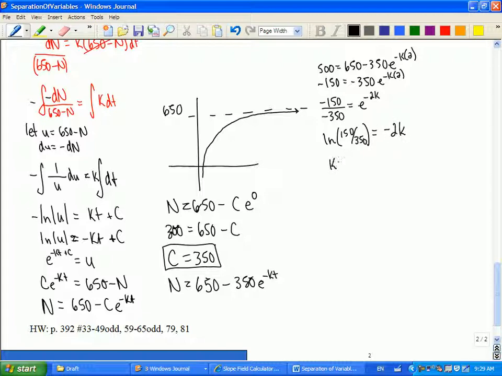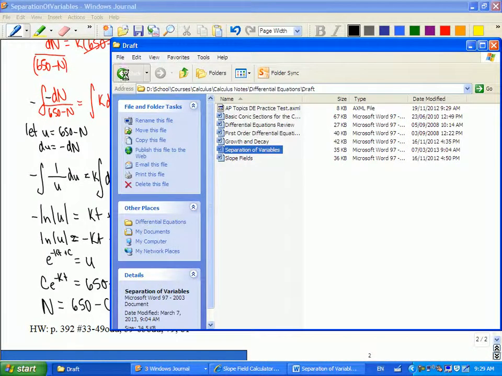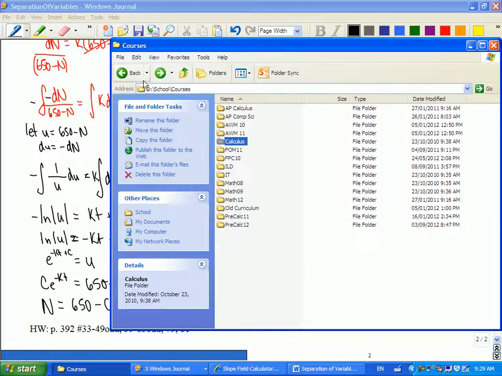So that means k is the natural log of 150 over 350 divided by negative 2. Can anyone do that in their head? I don't think so. We're going to need to grab a calculator to work that out.